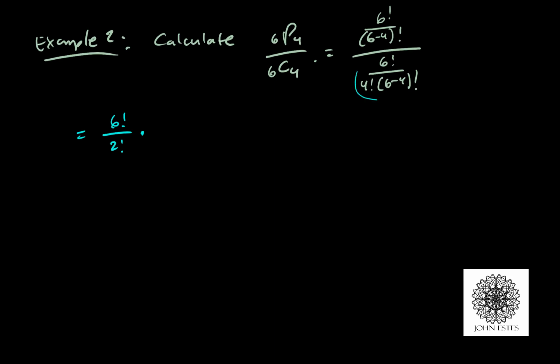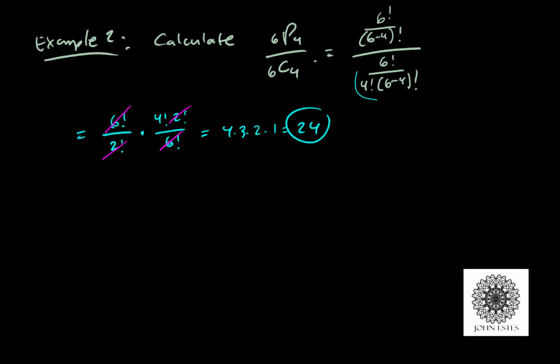Dividing by a fraction is the same as multiplying by its reciprocal, so I'm going to flip it upside down. I have 4 factorial times 2 factorial over 6 factorial. Now notice that the 6 factorials cancel out, so do the 2 factorials, and I'm left with 4 factorial, which is 4 times 3 times 2 times 1, which gives me 24. This value is simply 24.